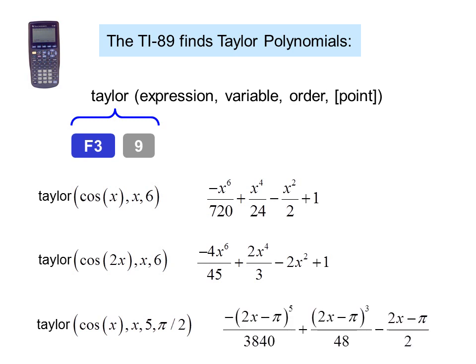And we get negative (2x minus pi) to the 5th over 3,840 plus (2x minus pi) to the 3rd over 48 minus (2x minus pi) over 2. Notice that the calculator gives you the terms in descending powers. Also, the calculator may simplify the terms in a way that you don't entirely expect. In the last example, it eliminated the fractions from the numerator.